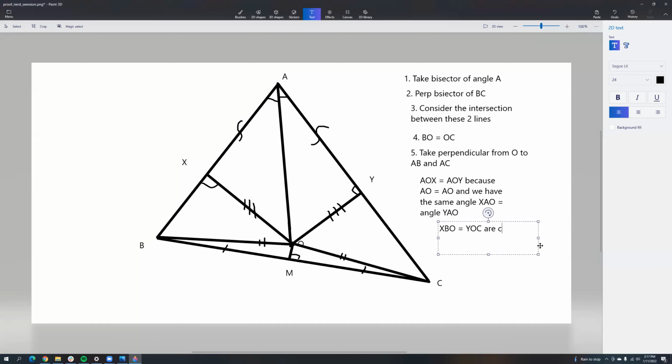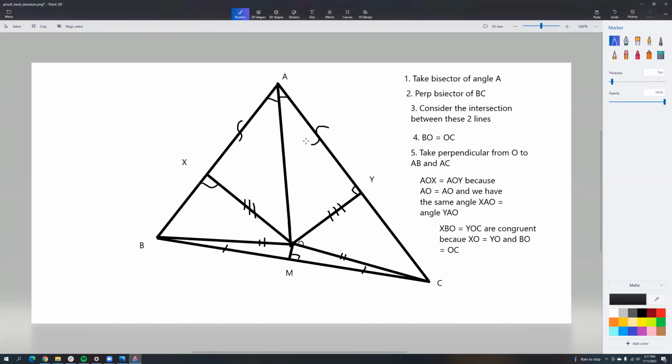So let's write this here: because XO equals YO and BO equals OC. So what does this mean? This means that we also have these the same, which means this one is equal to this one for every triangle. And that's basically the proof.